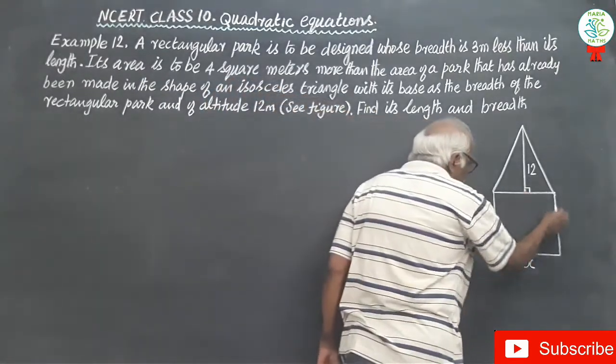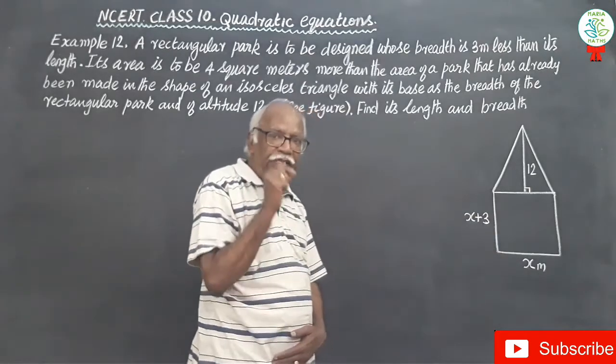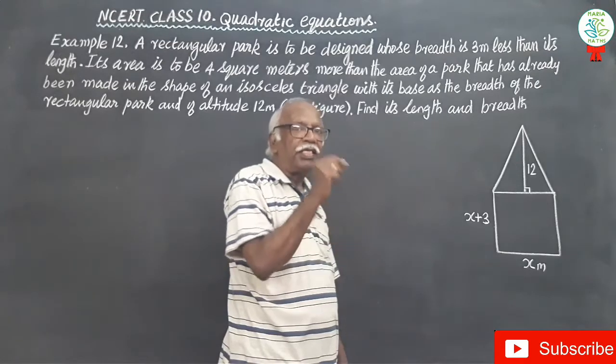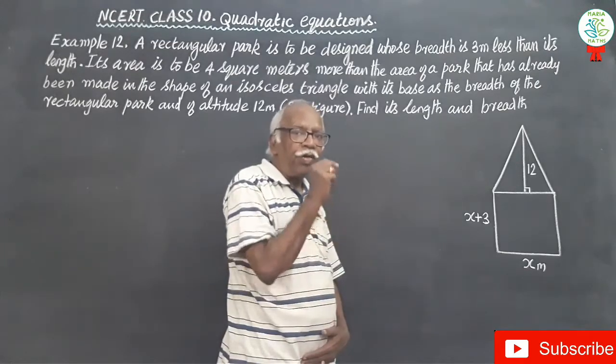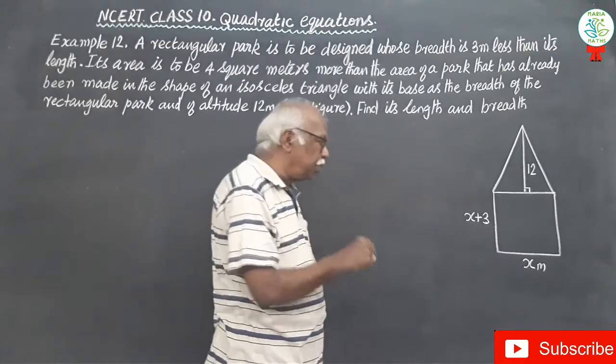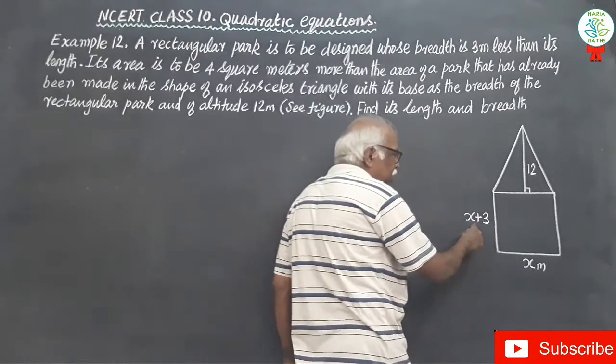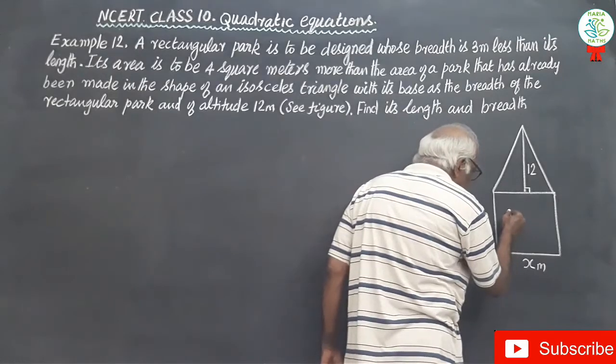This is the rectangular path. If the breadth is 3 meters less than its length, it means its length is 3 meters more than its breadth. Therefore, if the breadth is x meter, the length is x plus 3 meters. This is the rectangular garden.